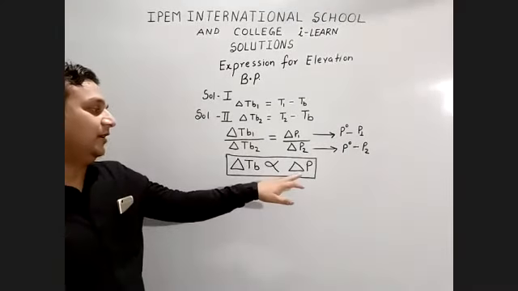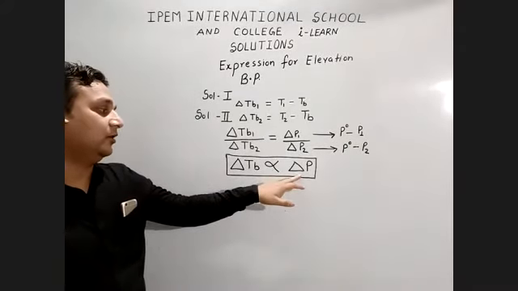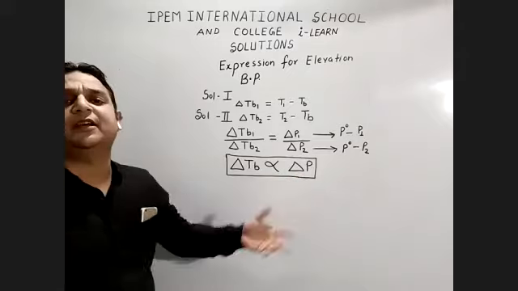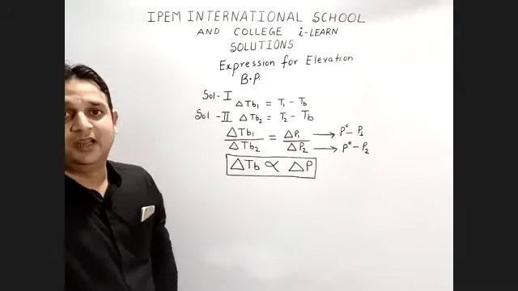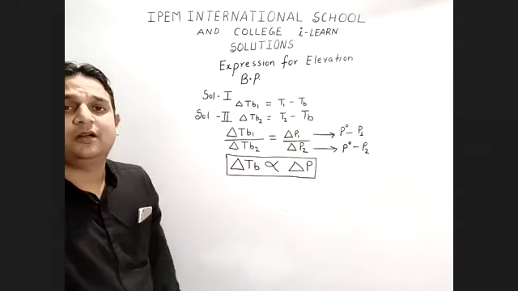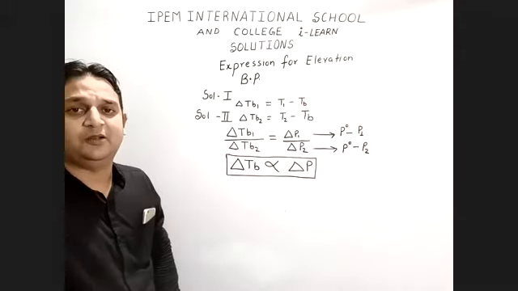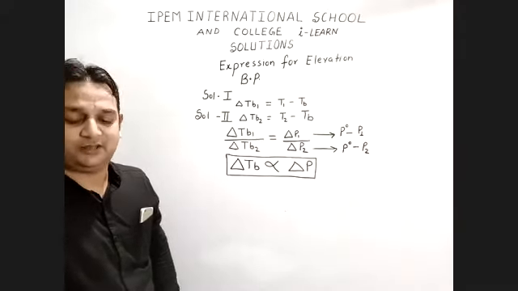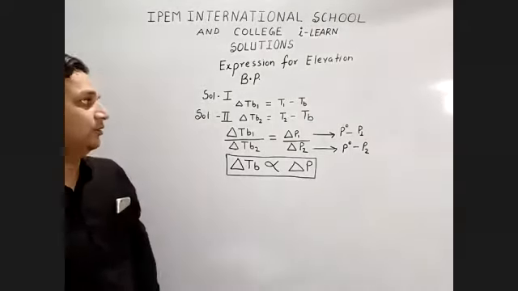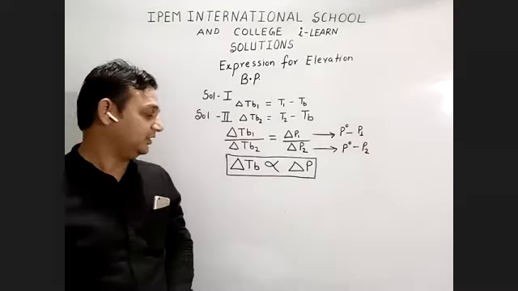Now, when we talk about the lowering of vapor pressure, we have studied Raoult's law. According to Raoult's law, P naught minus P upon P naught is equal to the mole fraction of solute. Yes or no? Now we have another relationship.